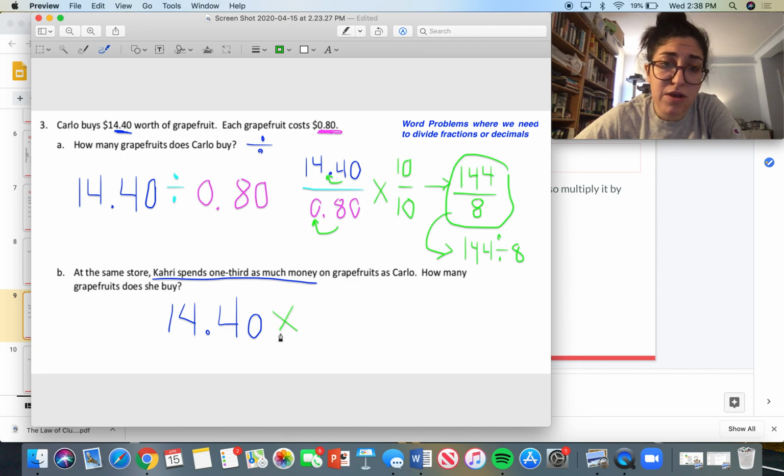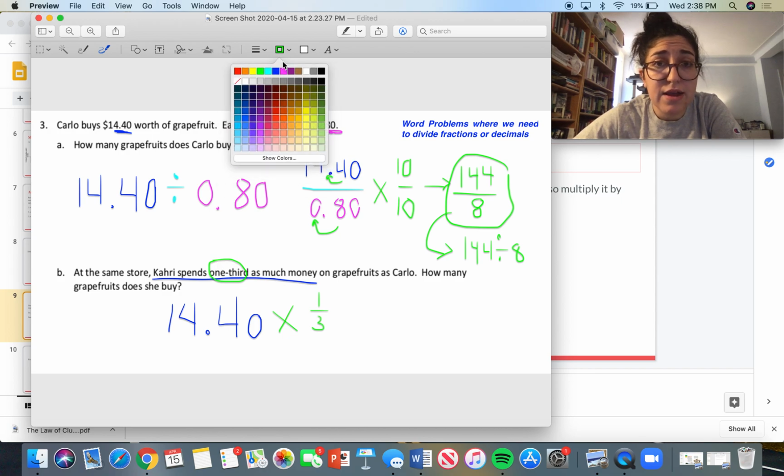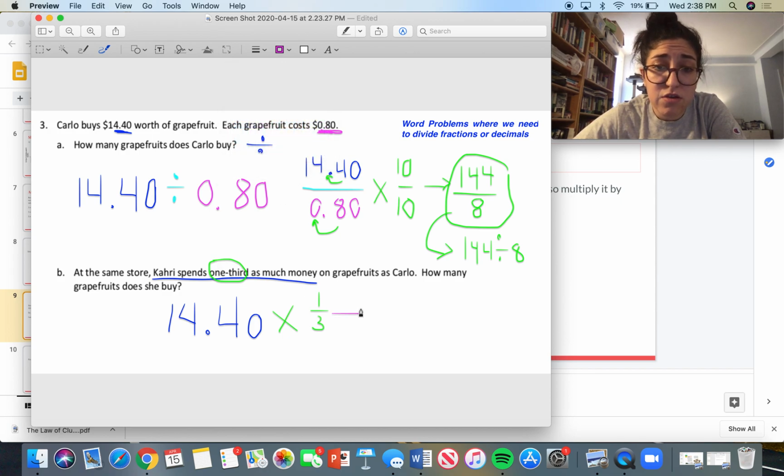If I multiply this by 1/3, because it's 1/3 as much money, then what I'm going to end up with is 1440 divided by 3.